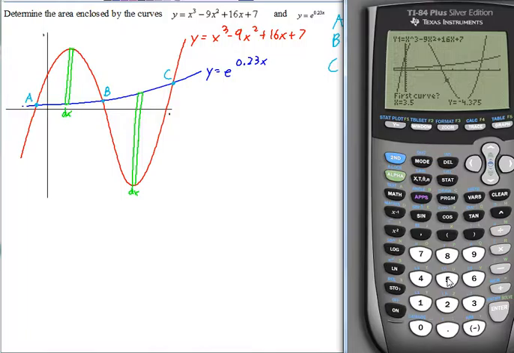So calc intersect, first curve y1, enter, second curve y2, enter. I'm going to guess the first one's at negative 0.2. Yeah, so it's negative 0.3198439.